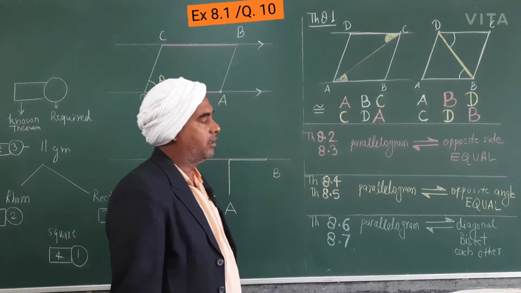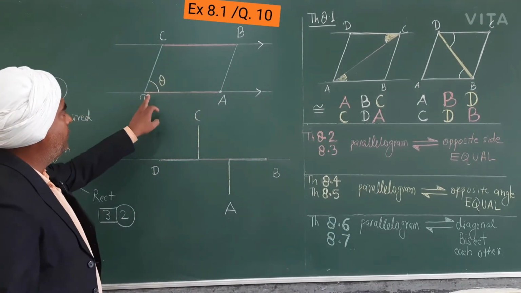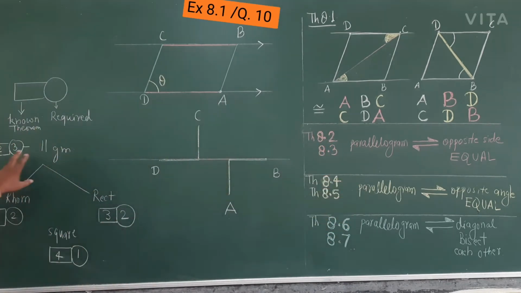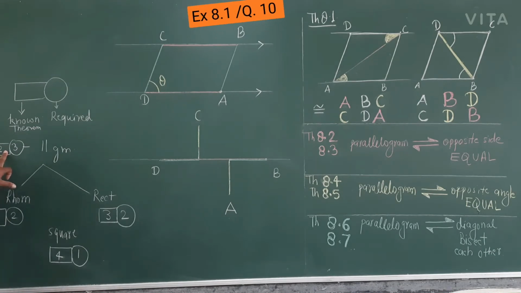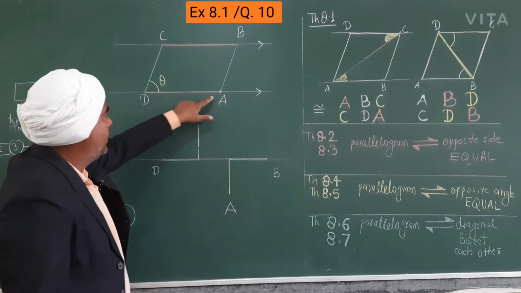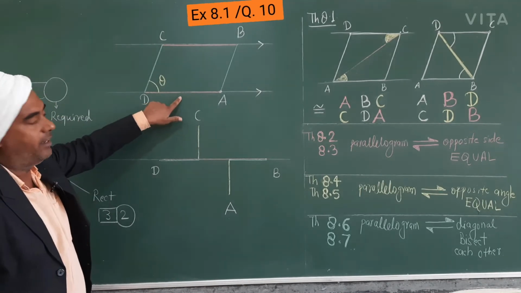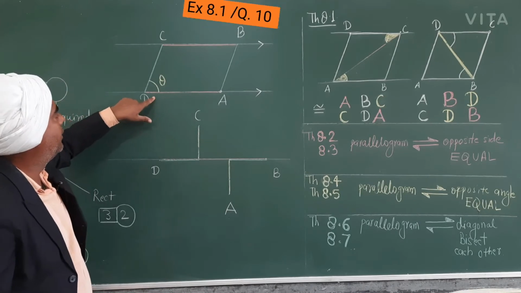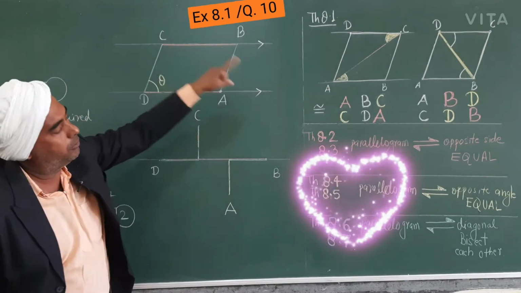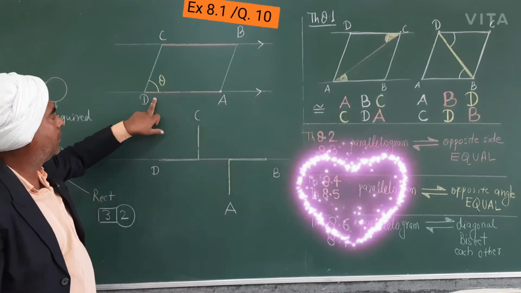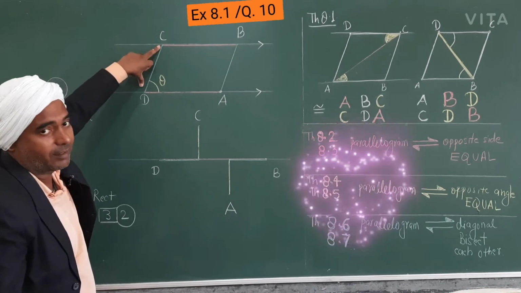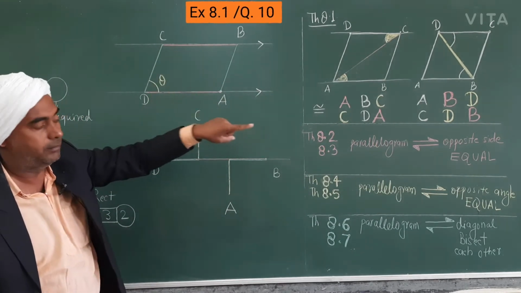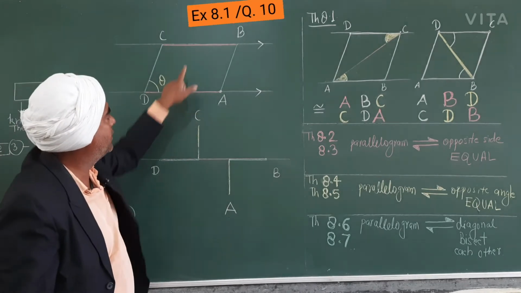If I know AD, which I have made red, then BC will be known through the theorem. If I know CD, then AB will be known through the theorem. So two things we will know, as opposite sides are equal.